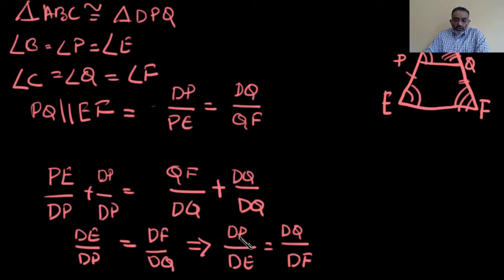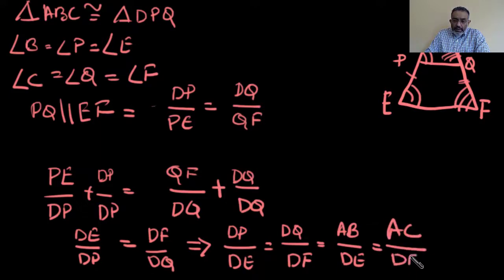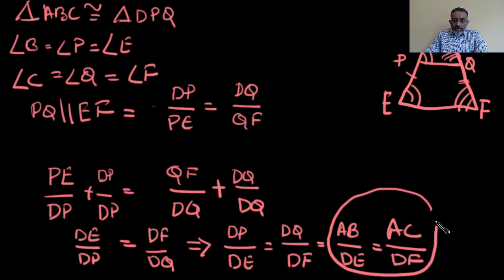Now we know that DP is equal to AB from the original triangle, so this is AB by DE is equal to AC by DF. So here we have proven that two of those sides are proportional.